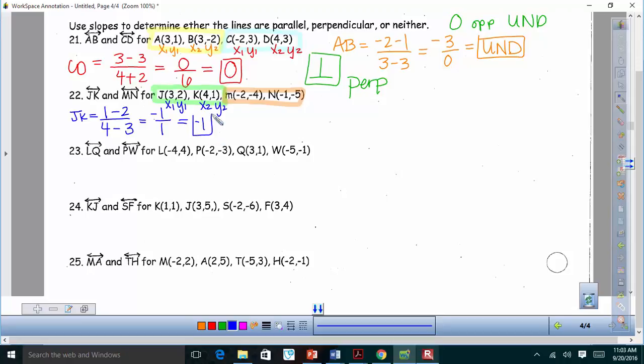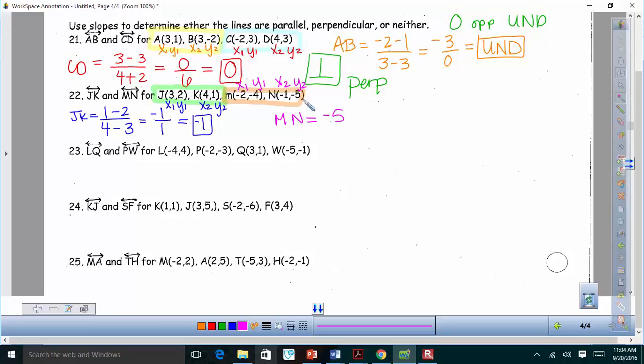Okay. Then I'm going to label my M and my N. So I have X1, Y1, X2, Y2. I'm going to put MN equals, and then we're going to do Y2 minus Y1.